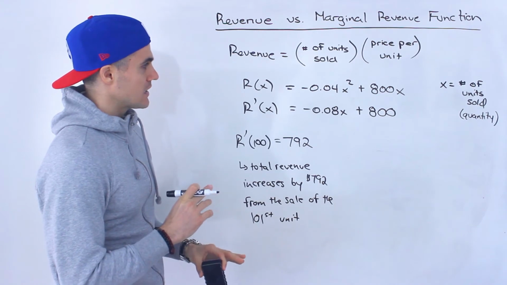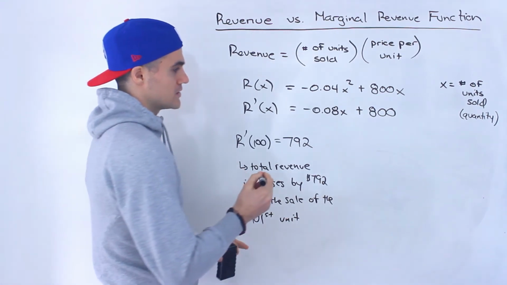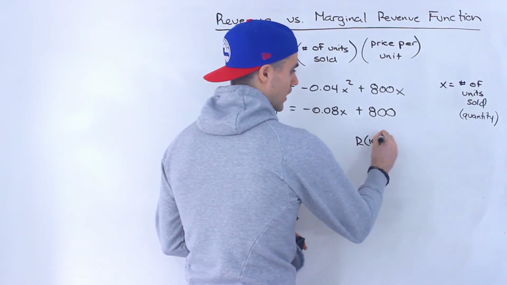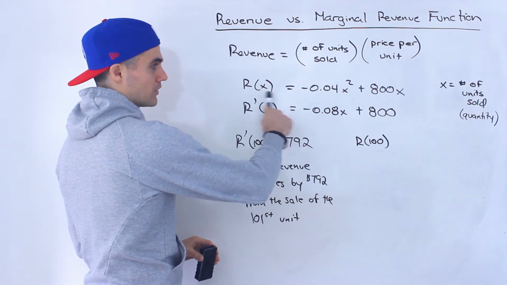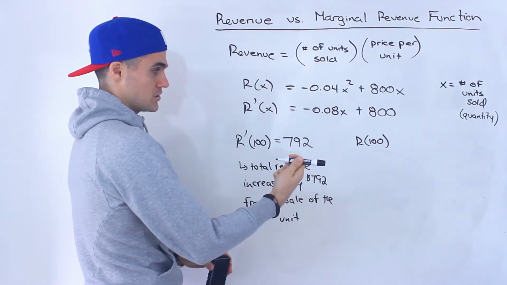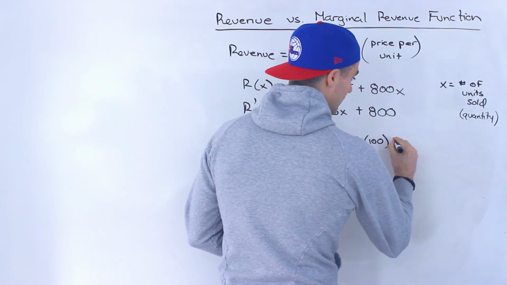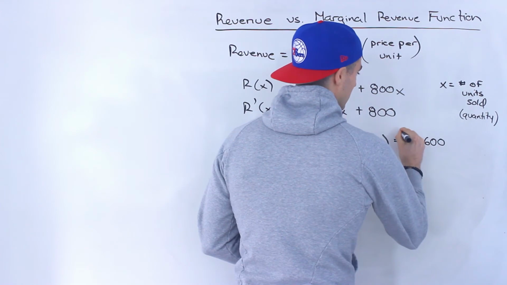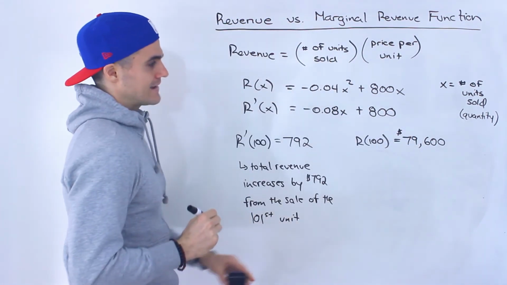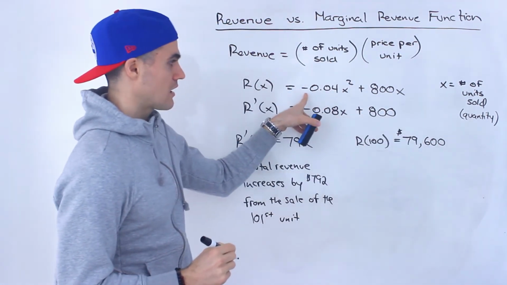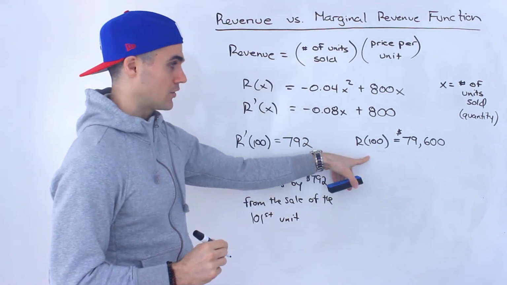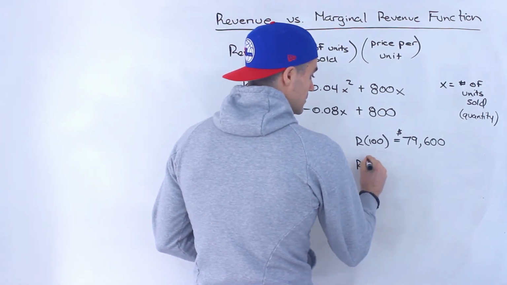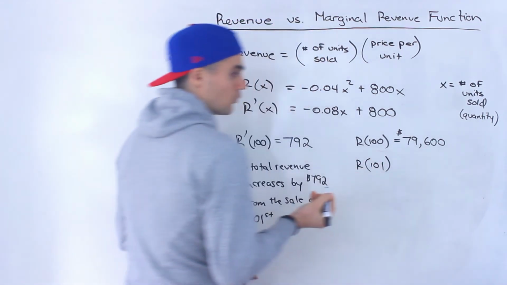And if you want to see in more detail how this works, what we can do is see what the total revenue is at 100 units. So we would plug in 100 into the total revenue function. And when you do that, what you're going to end up getting is 79,600. That's going to be the total revenue if you sell 100 units. And then what you could do is figure out what's going to be the total revenue if we sell 101 units.